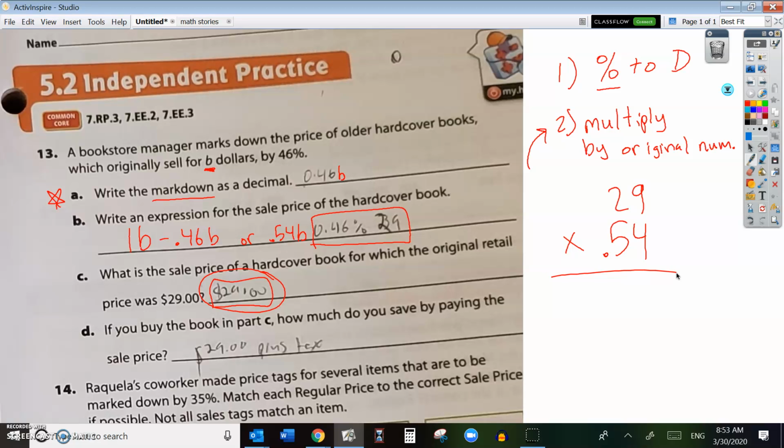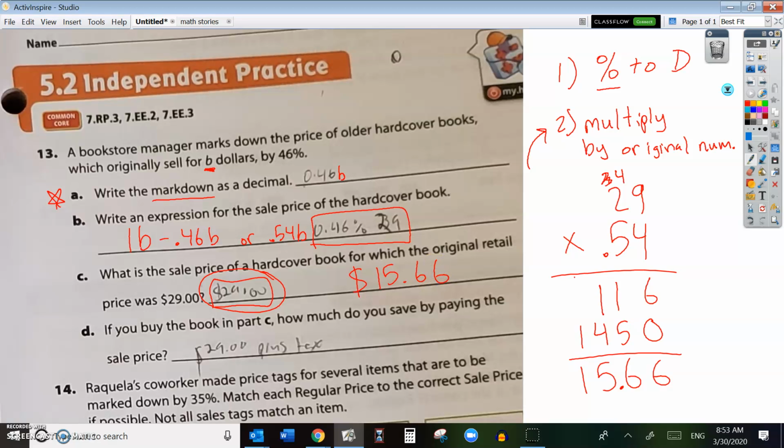So multiply that out. 4 times 9, 36. 4 times 2 is 8. Plus 3 is 11. Bring down a 0. 5 times 9 is 45. 5 times 2 is 10 plus 4 is 14. With 2 decimal places. So $15.66 is how much the book is going to cost after you take 46% away.